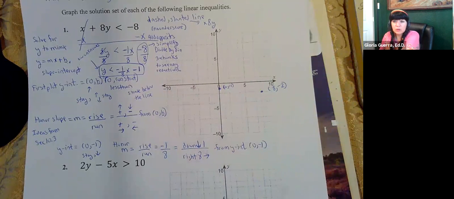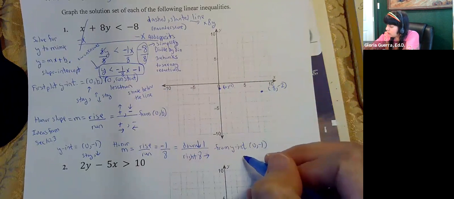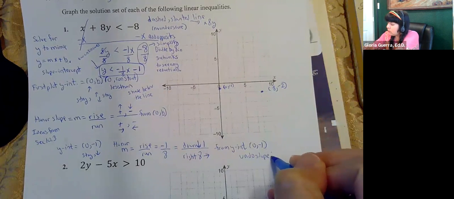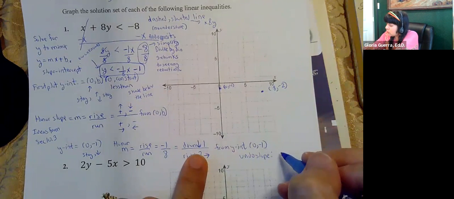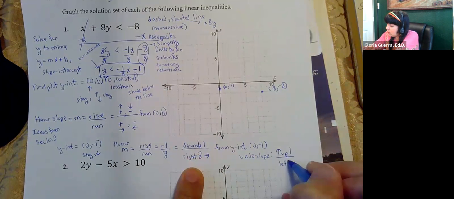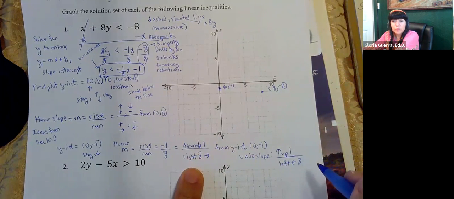So you know how we talked about undoing your slope? If you undo your slope, that would mean that instead of going down 1, you go up 1. And instead of going right 8, you would go left 8. So you could undo your slope, go up 1, left 8.